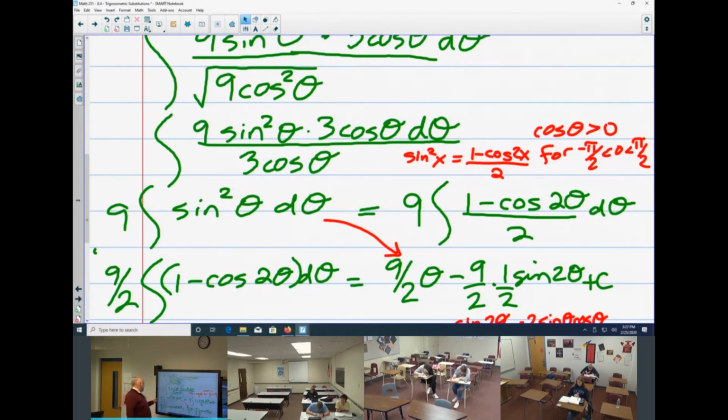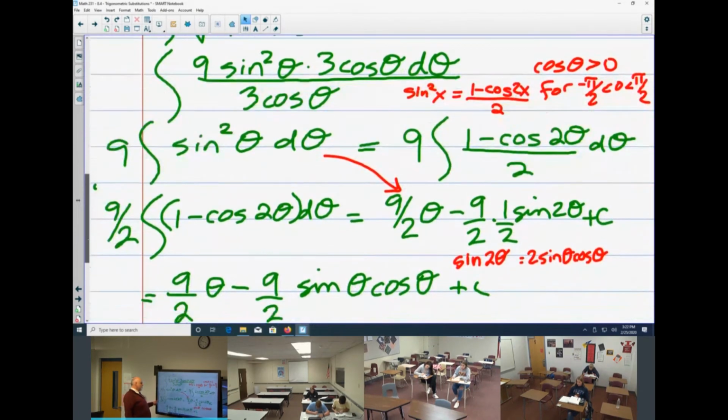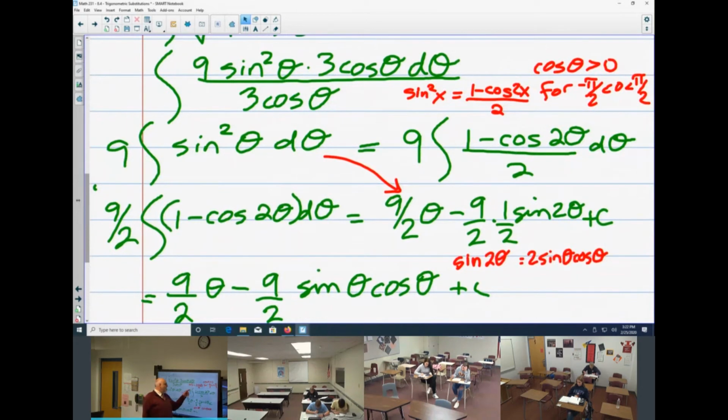Also, I wrote down this other trig identity, sine 2 theta, because we've got sine 2 theta right here, and we don't want that. So that's 2 sine theta cosine theta. So the 2 and the 1/2 are going to cancel. So we just get 9/2 sine theta cosine theta plus c.